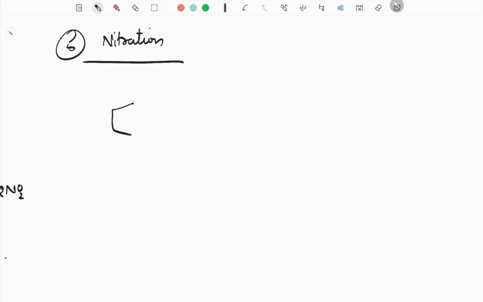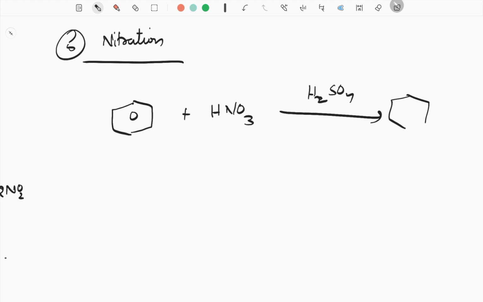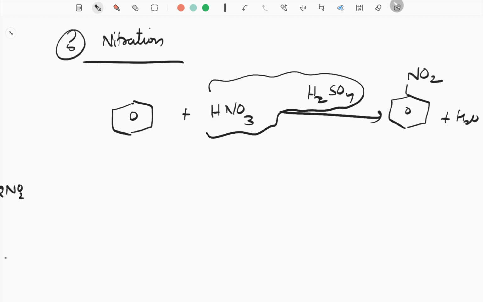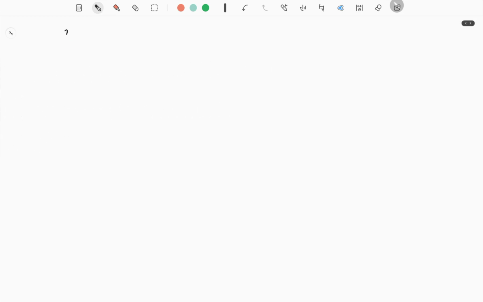The next reaction, fifth number, is nitration. Nitration means you have to add an NO2 group using HNO3 in presence of H2SO4, which gives benzene with an NO2 group and water. And this HNO3 and H2SO4 mixture is known as the nitrating mixture. Number 6, sulfonation.